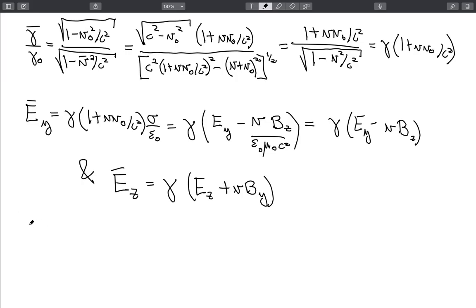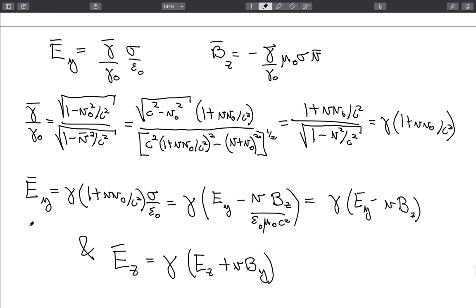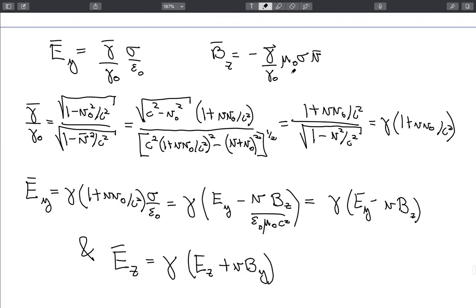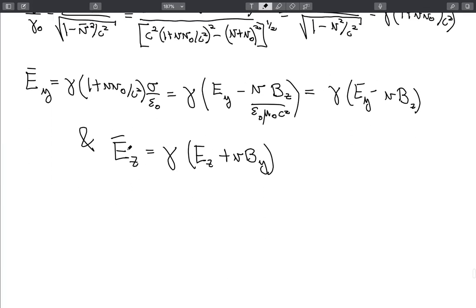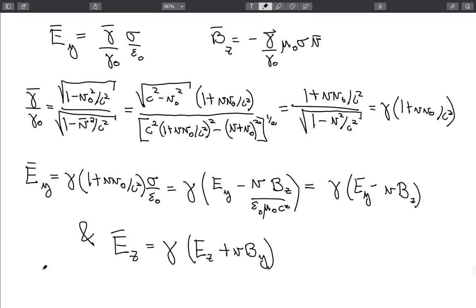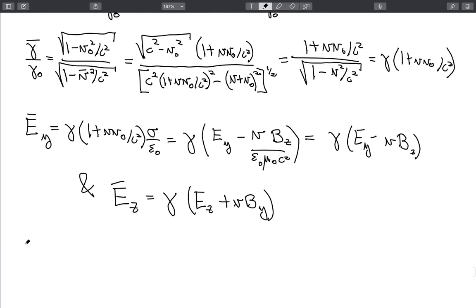For the magnetic field, I could do the same kind of logic here. So again, going back to this expression here, I would again substitute the value of this ratio of gammas that we had. So we can do that maybe quickly. So the B bar z is just minus gamma with 1 plus v0 over c squared.